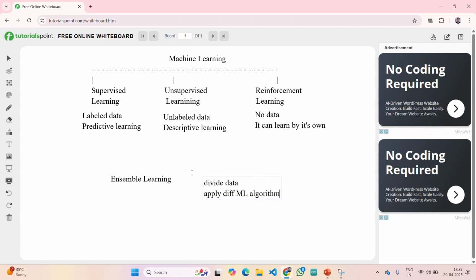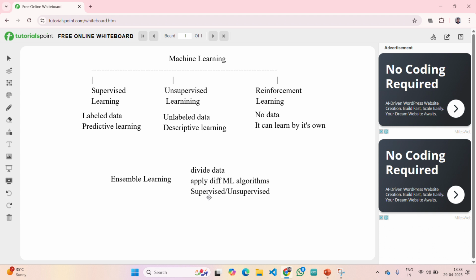That is, we are going to use more than one algorithm. You can use either supervised or unsupervised, but we are not going to use reinforcement learning for ensemble learning. You can use the algorithms of supervised or unsupervised, but mostly we will prefer supervised.